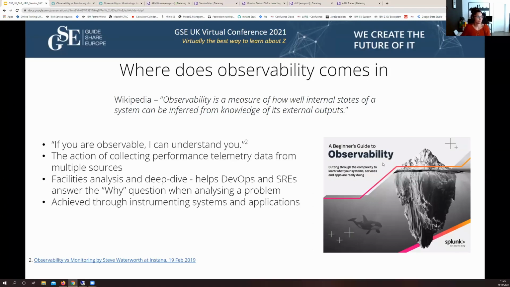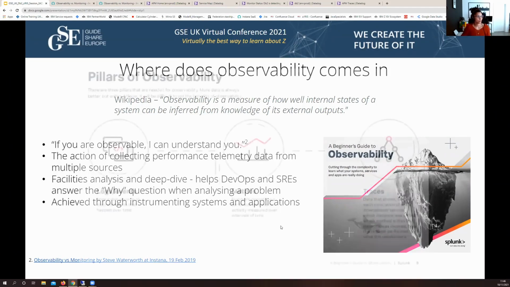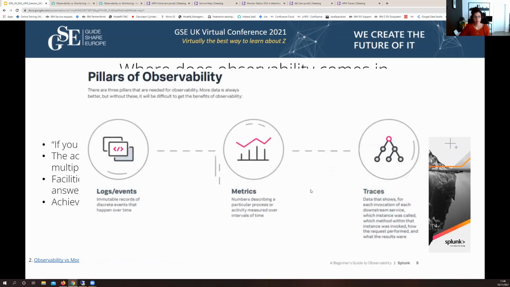I've also linked the beginner's guide to observability by Splunk, also a great read, lots of information in there. And in this presentation, I'm going to just extract the pillars of observability. What is required? None of these terms should be new, but I think how it is applied is important.